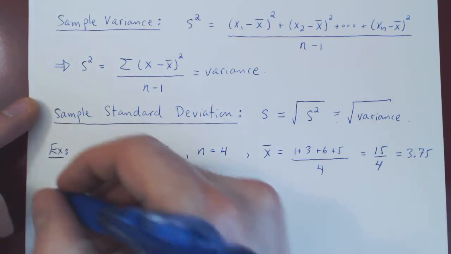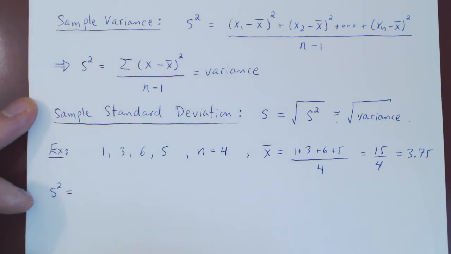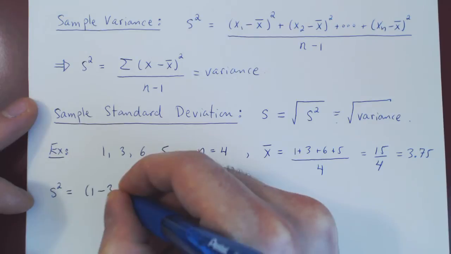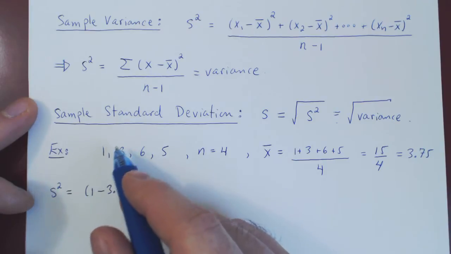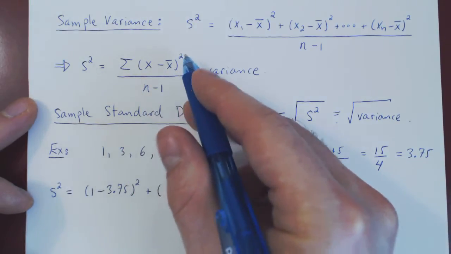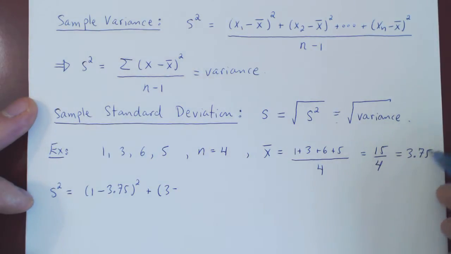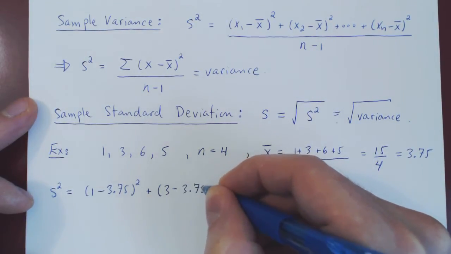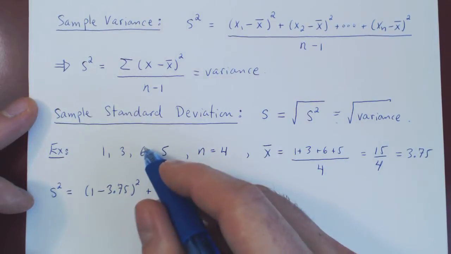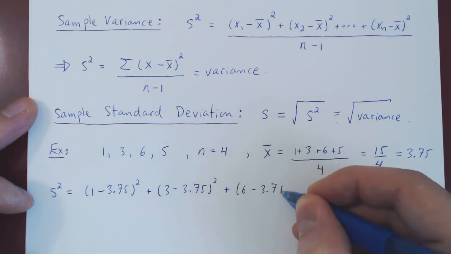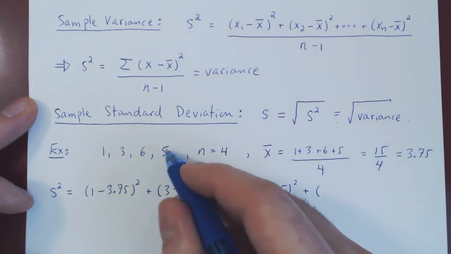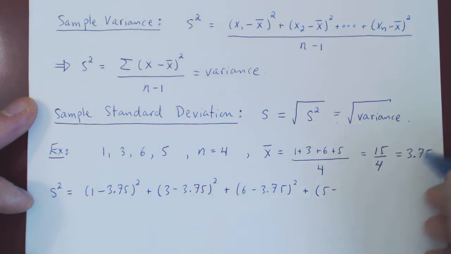So let's do so. S squared. First value, 1, minus the sample mean squared, so minus 3.75 squared, plus, we keep going, second value of our sample, 3, minus, again, the sample mean squared, so 3 minus 3.75 squared, plus, third value, 6, minus, again, the sample mean squared, and finally plus the fourth value, 5, minus the sample mean squared.